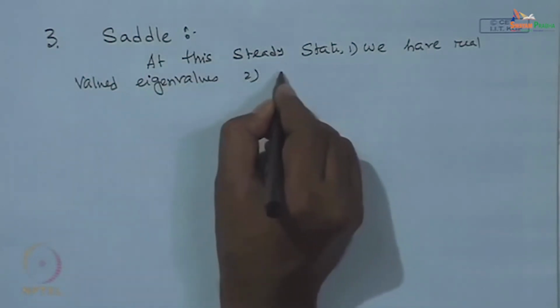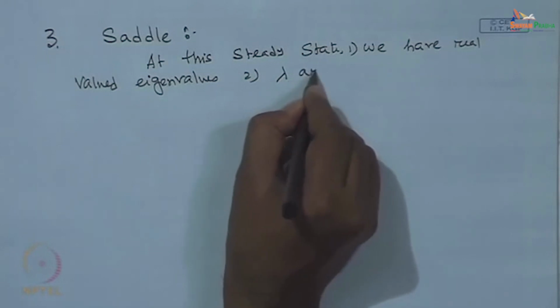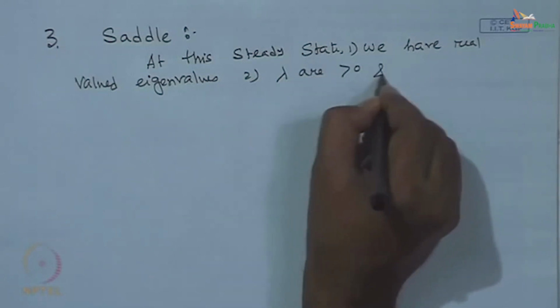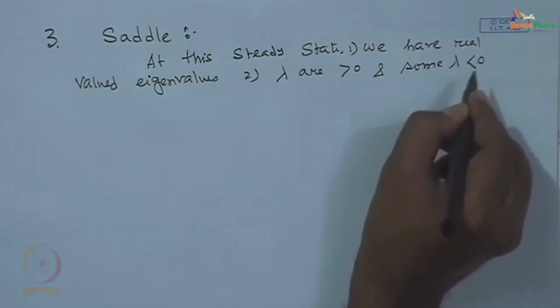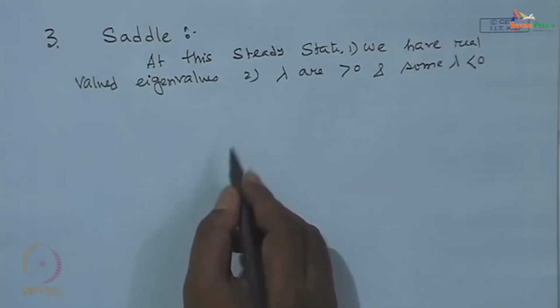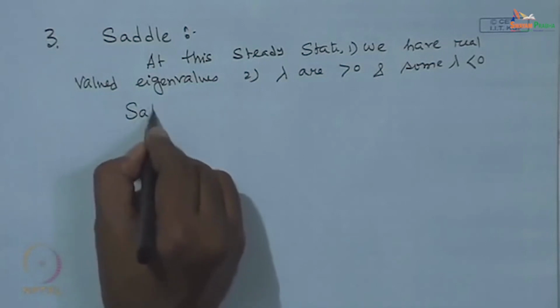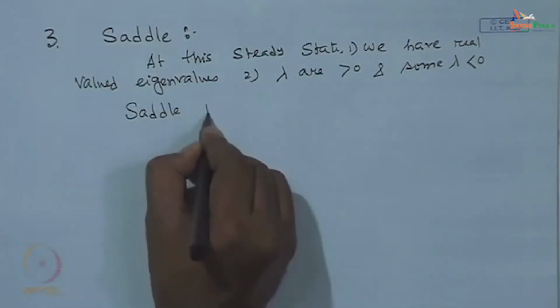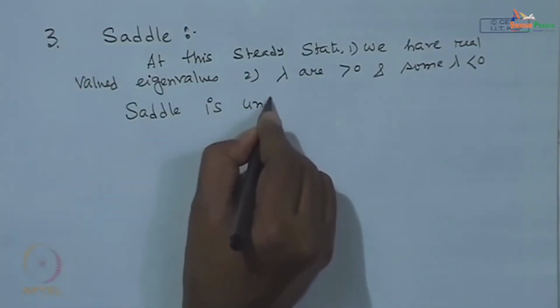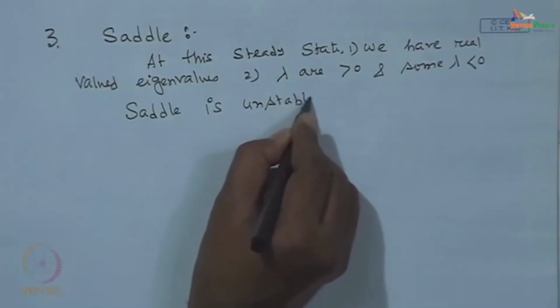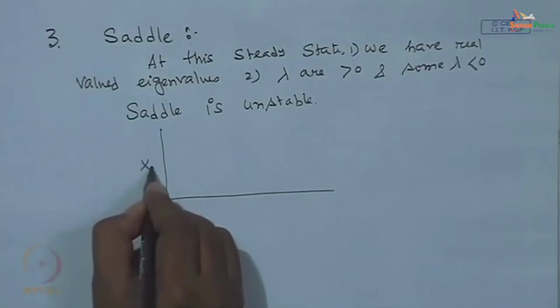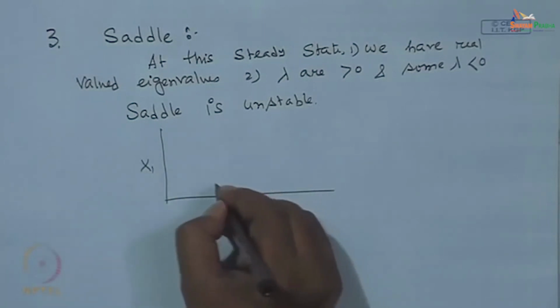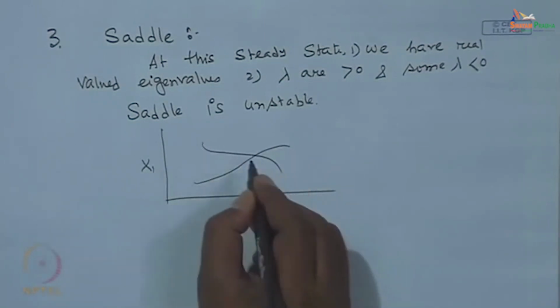Secondly, some lambdas are positive and some lambdas are negative. So, the saddle is always unstable.